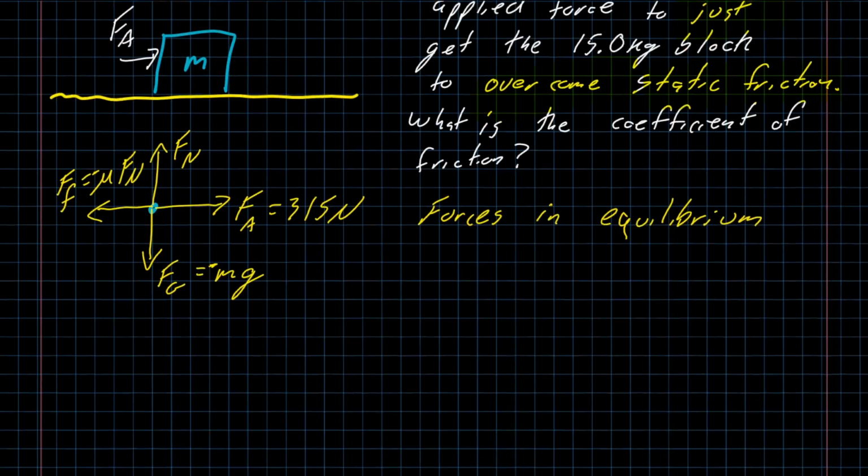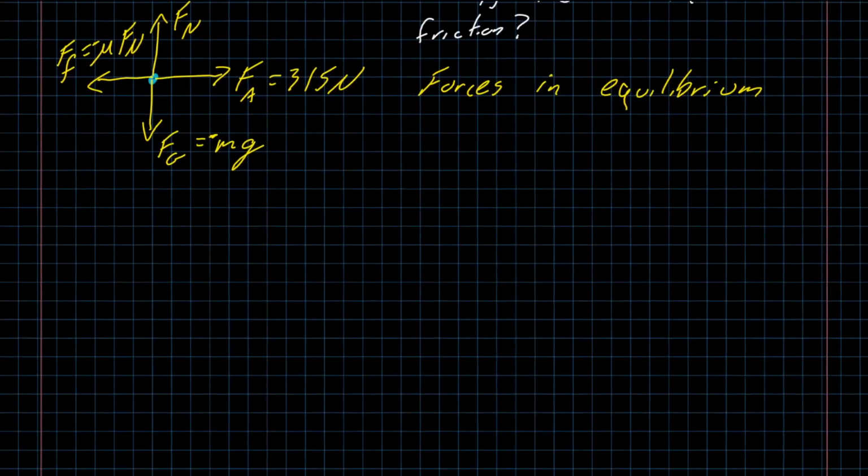I said that this was probably the easiest setup that we could think about with friction because everything is at right angles to each other. The net force in the x direction is the applied force and the friction force.